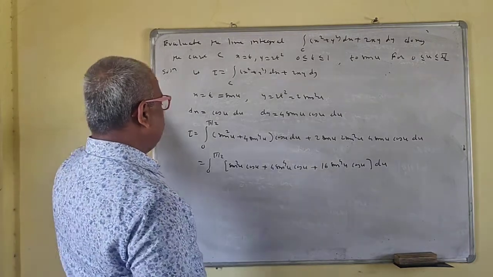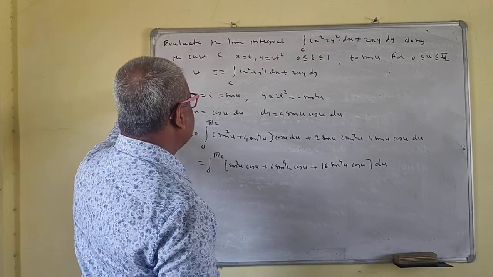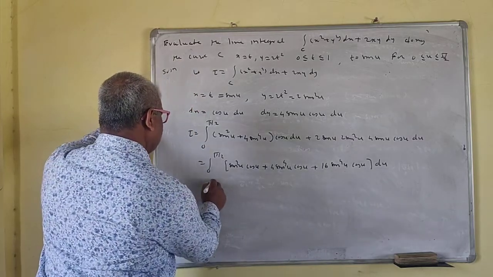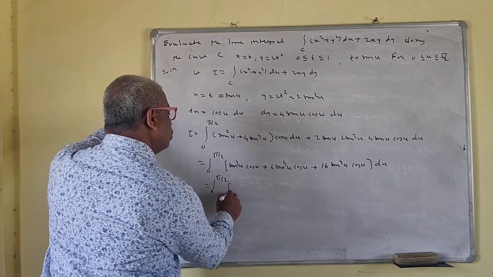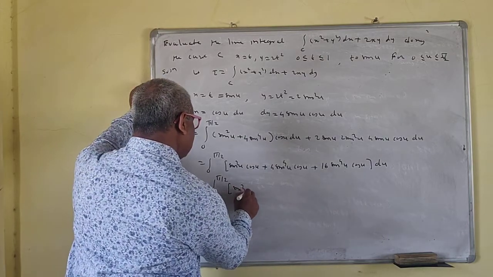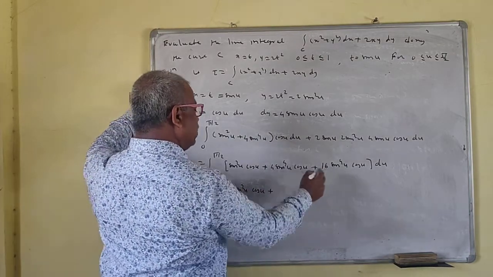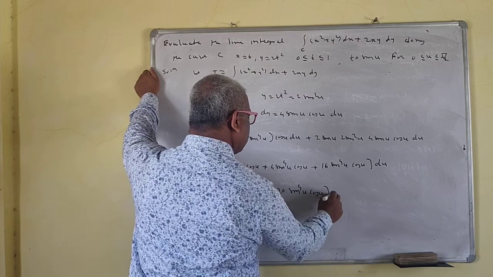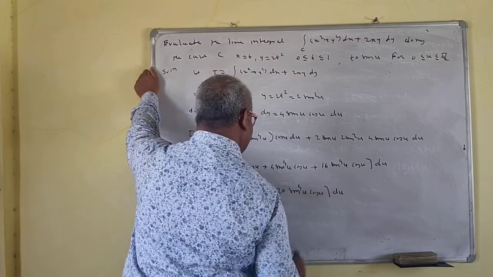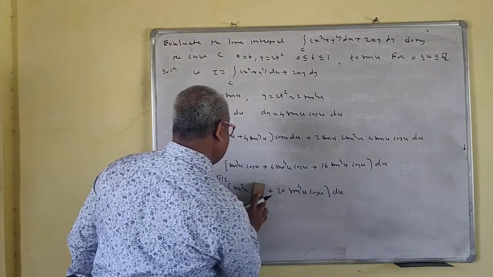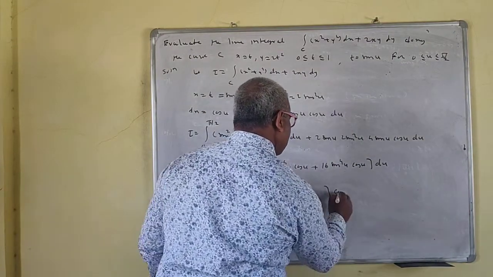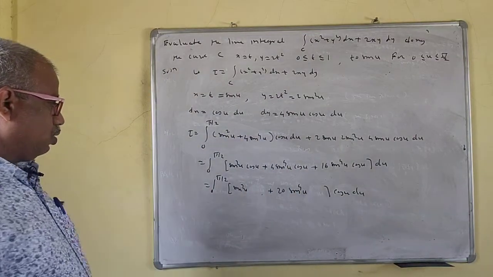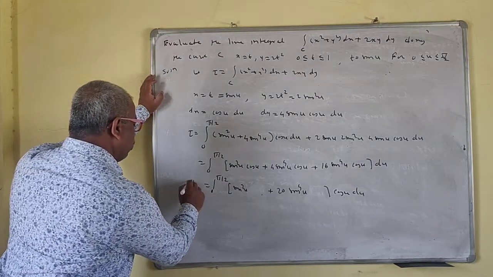You can add these: sin square u cos u plus 20 sin to the power 4 u cos u du. I will take cos u du common. So this is your I now.